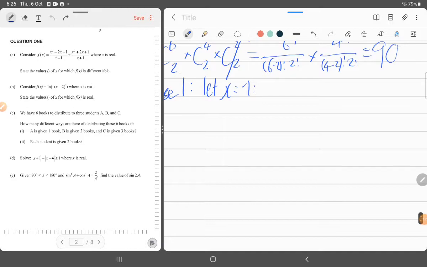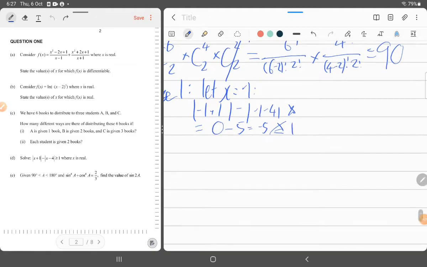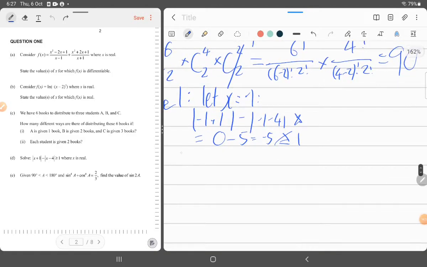Then that will be absolute value of -1 plus 1, take away absolute value of -1 take away 4, which is equal to 0, take away 5, which is equal to -5, which is not greater than 1. So -1 is inapplicable.